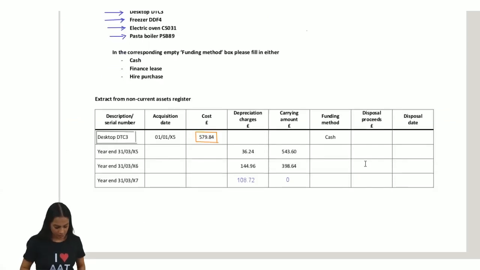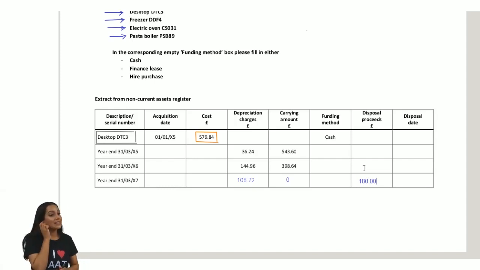So disposal proceeds, £180. Now don't forget that we need to enter our answers in 2 decimal places. So the carrying amount, then I'm going to change that and include it as 0.00, just to make sure that I'm following the examiner's instructions.